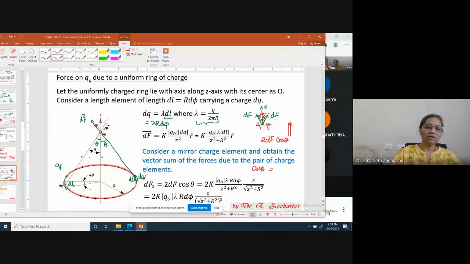Cos theta is z by small r. z by small r can be written as z divided by under root of capital R square plus z square. Capital R is the radius.